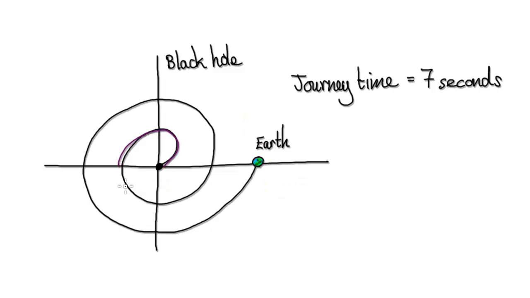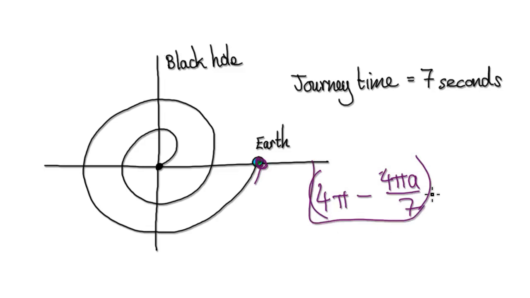This here is 2 pi, 4 pi. So what we're going to do is 4 pi, take away 4 pi a over 7. So when t equals 0, it starts at 4 pi. And then, by doing this, you will revert everything, and the Earth will head towards the origin.